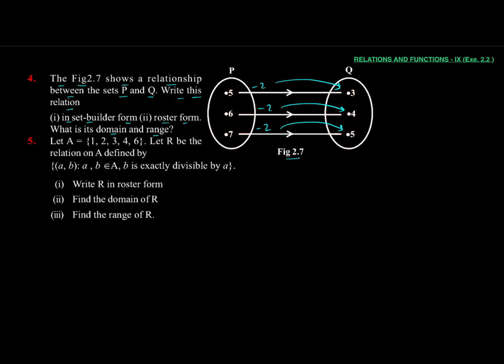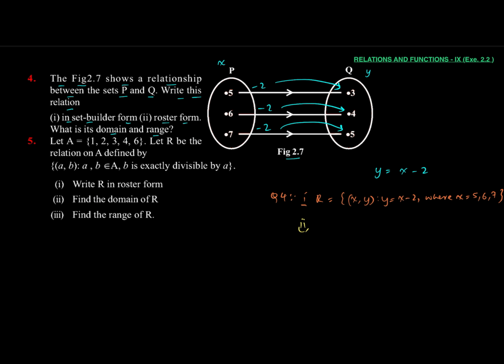So if elements of P are our input, that is each element represents x, and elements of Q are our outputs, that is each element of Q represents y, then one can observe that y is equal to x minus 2. Therefore, in question number 4, part number first, the relation in set builder form can be represented as follows. x comma y such that y is equal to x minus 2, where x is equal to 5, 6 and 7.